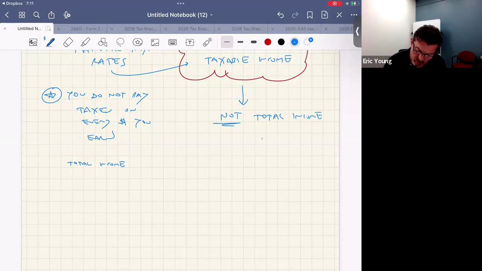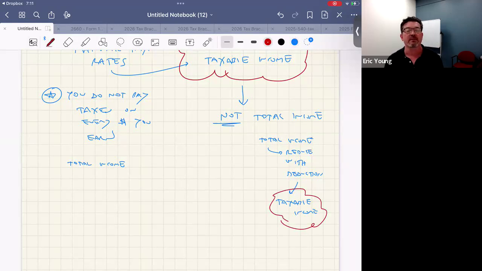So we're going to go total income, then reduce it with deductions, and that's going to yield the taxable income. And again, it's this taxable income that is the basis for tax.